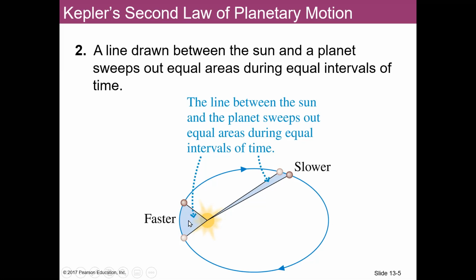Although the velocity changes, although the angle between the velocity and the radius changes, because it's an ellipse, the thing that stays the same is the area. So if this was like an elliptical pizza, then these two pizza slices would have the same amount of pizza in them, right? In equal times. So if you cut up the pizza into equal time slices, then those would all be the same. So that's the second law.